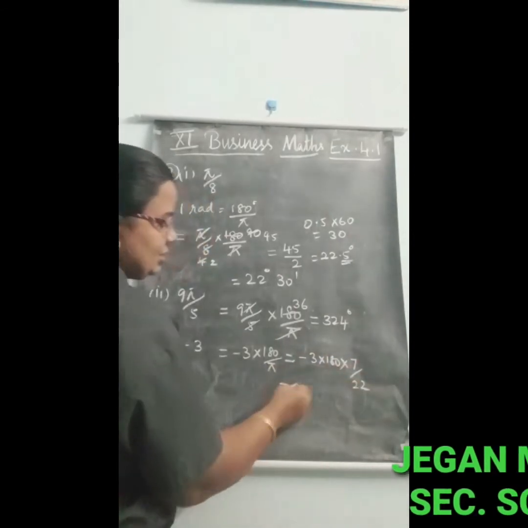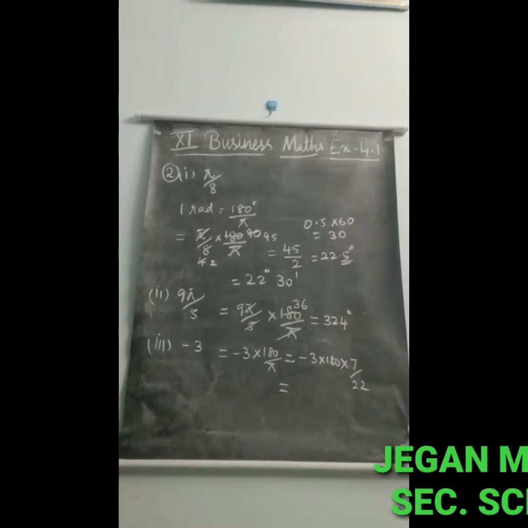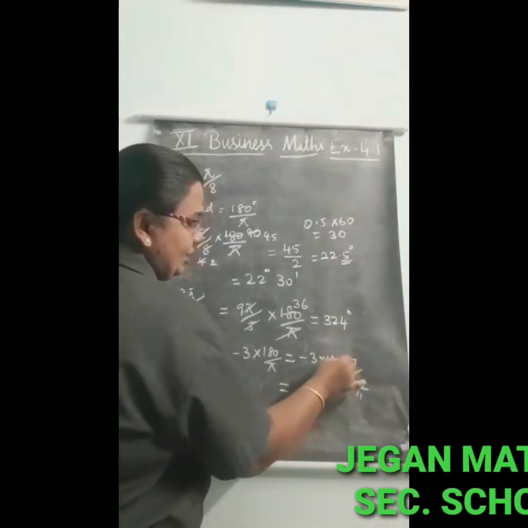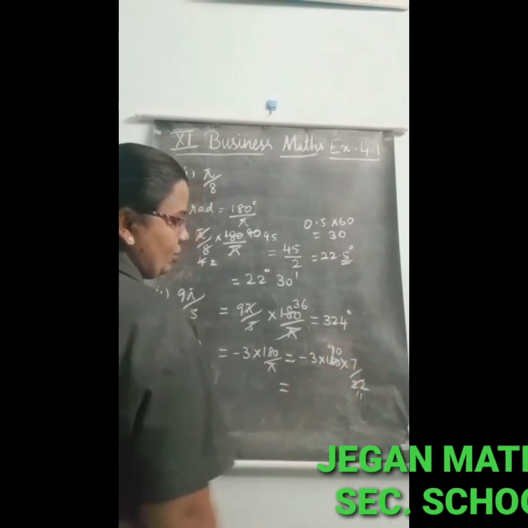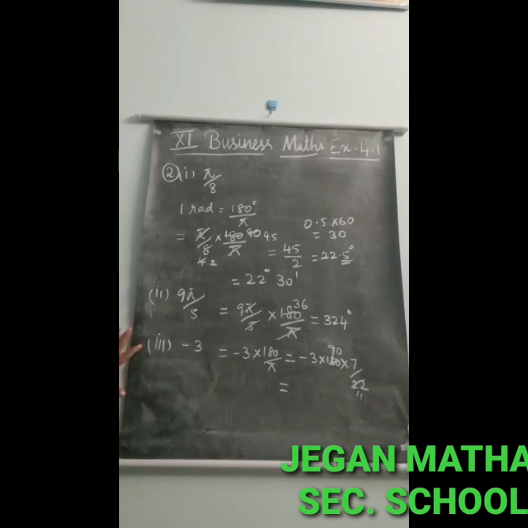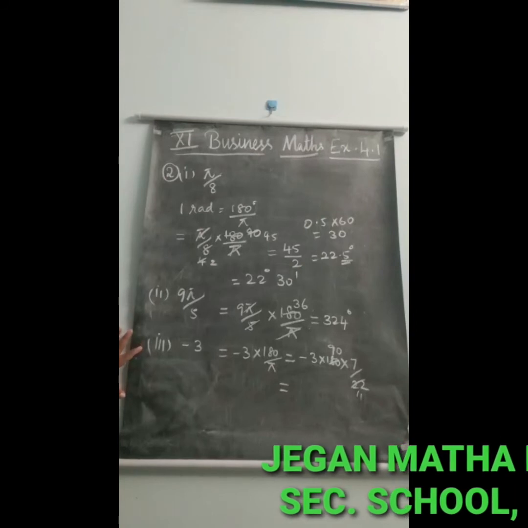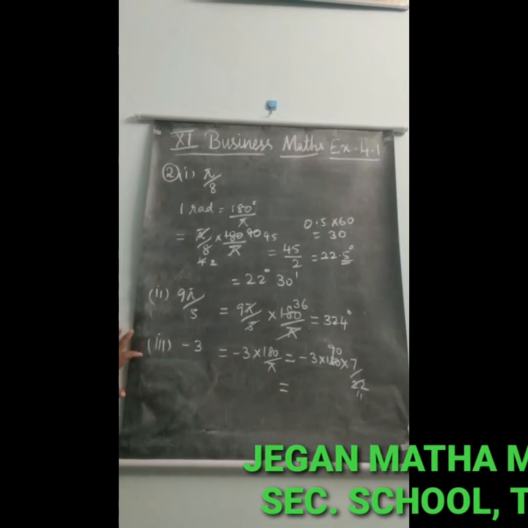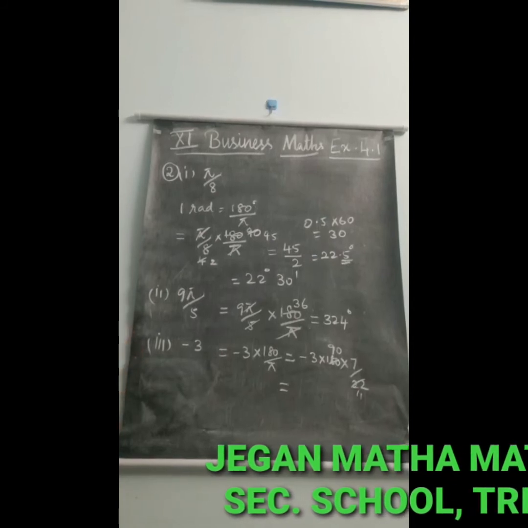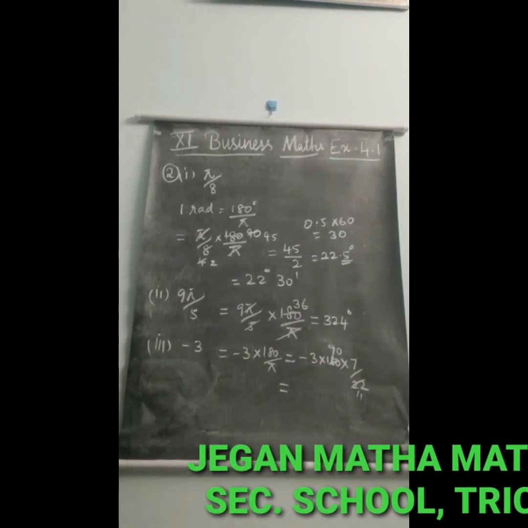Simplifying, we get minus 3 into 90 into 7 divided by 11, which is minus 171.81 degree.